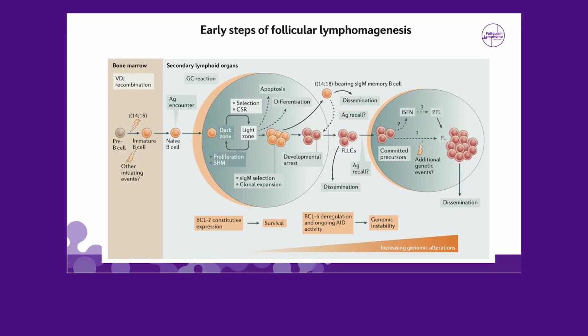I just want to mention that usually when we discuss follicular lymphoma, we start with the 14-18 translocation. However, we know that if there is a family member affected by follicular lymphoma, the chance that a close relative is a little bit higher to develop follicular lymphoma.